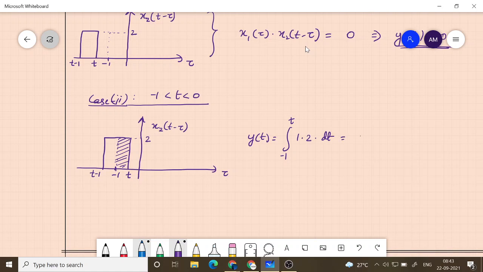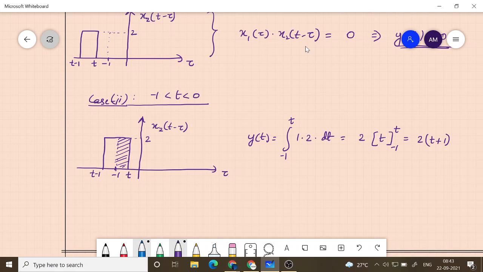So this is equal to 2 times the integral of dt, which is t, from -1 to t. So you can write it as 2t plus 1.